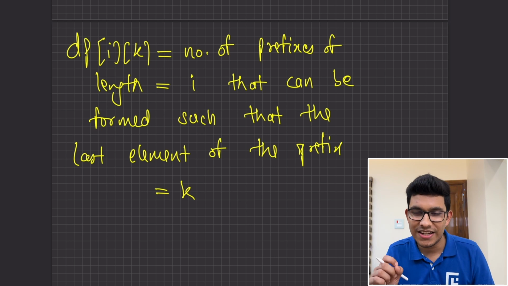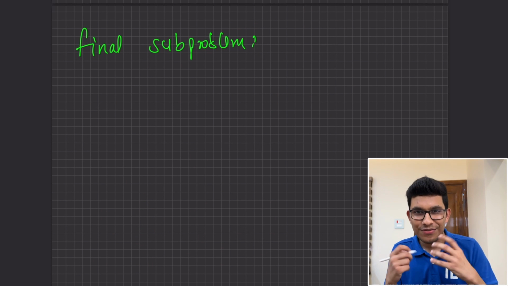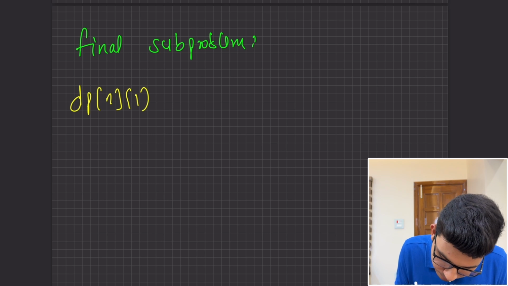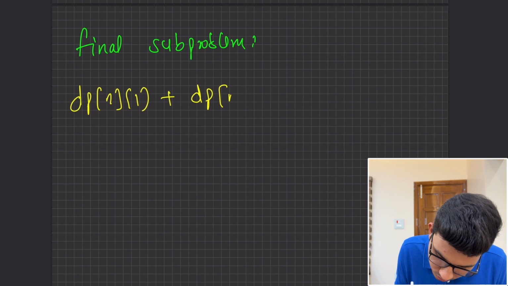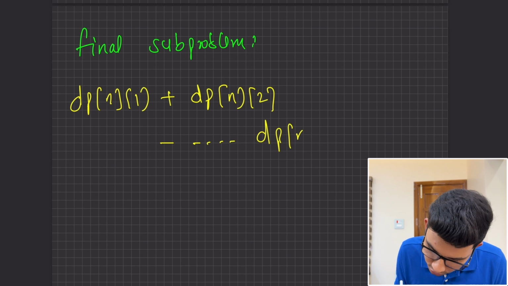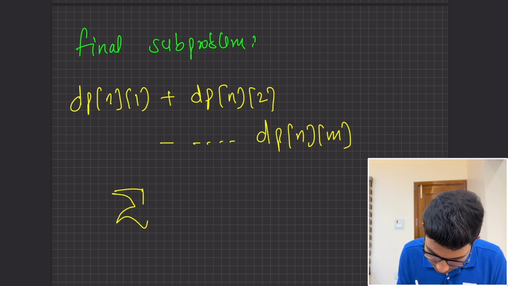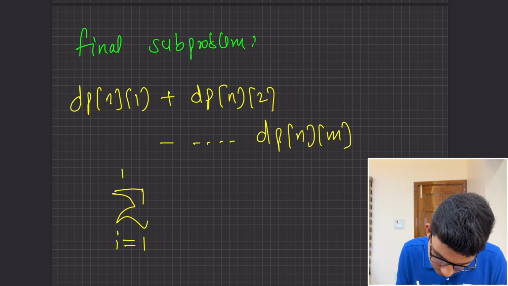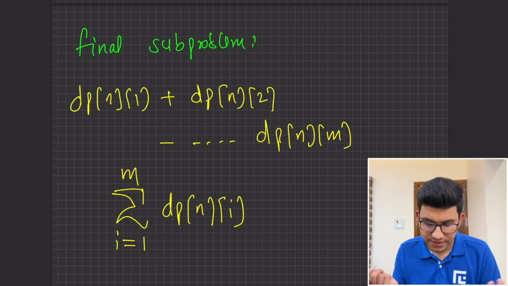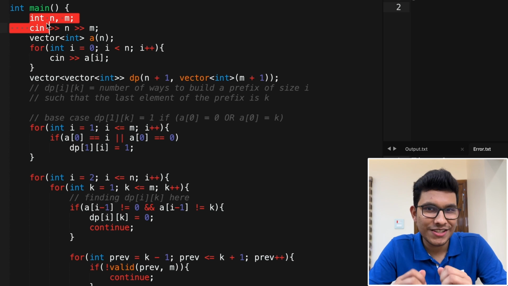So the final subproblem is nothing but dp of n comma 1 plus dp of n comma 2, and so on up till dp of n comma m. And you can also write it like this. This is the final subproblem. Got it? Alright, so now let's look at the code for the same problem.